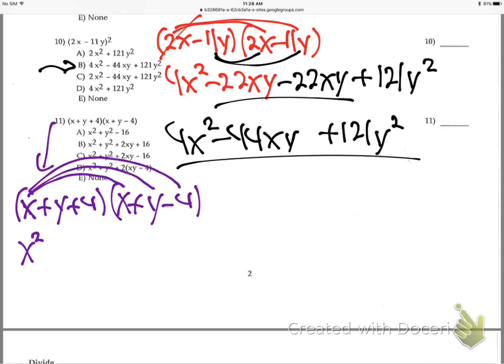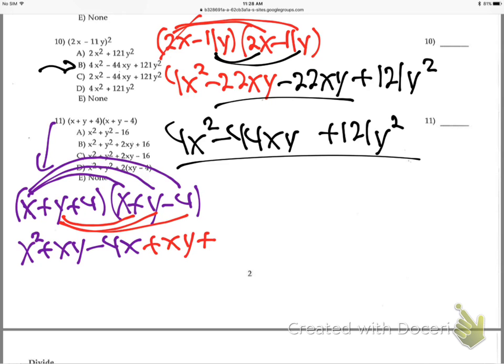So it's going to be x squared plus xy minus 4x. And then the y's term: plus xy plus y squared minus 4y.